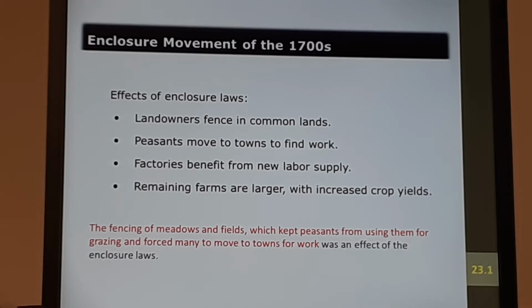And remaining farms become larger with increased crop yields. It says here, the fencing of meadows and fields, which kept peasants from using them for grazing and forced many to move to towns for work, was an effect of the enclosure laws.